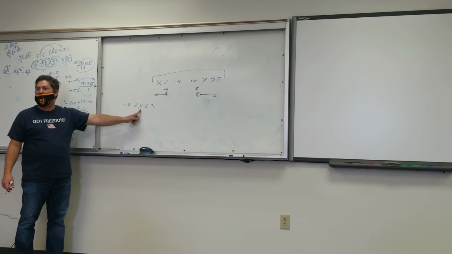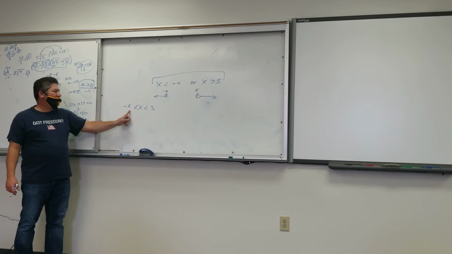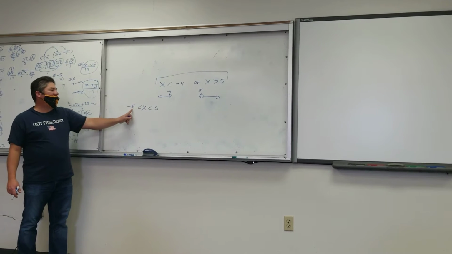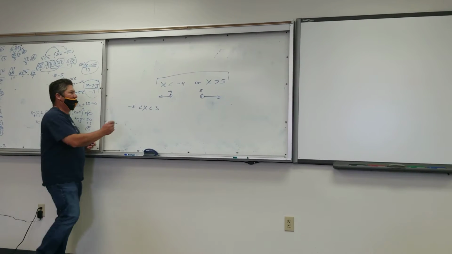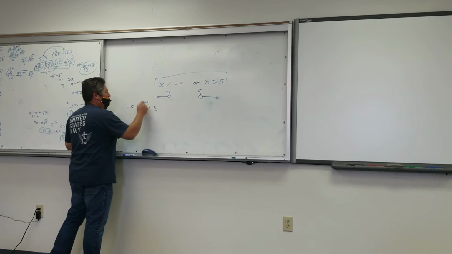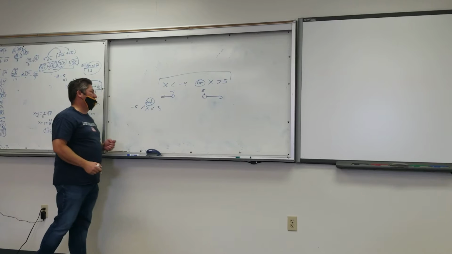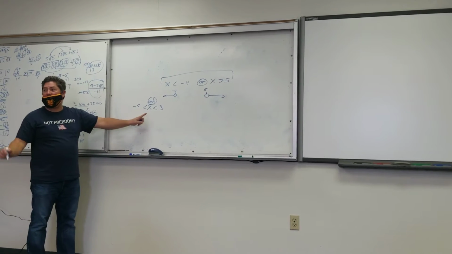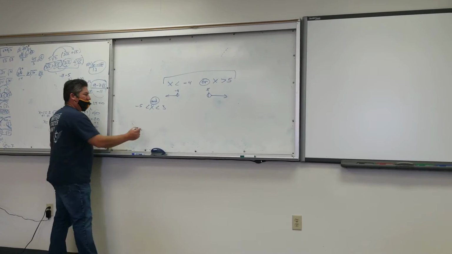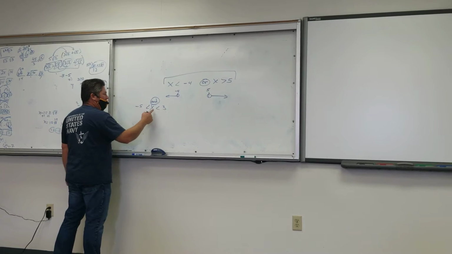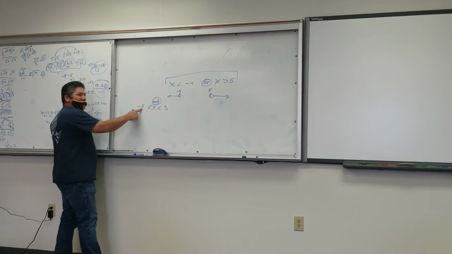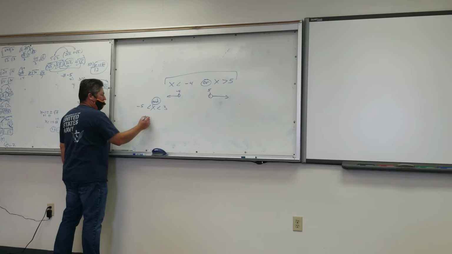X has to be less than 3, and is the key word you want to use on this one. So this is an and question, and this is an or question. So I want to read this like an and. And she said it right. It has to be less than 3 and greater than negative 5.